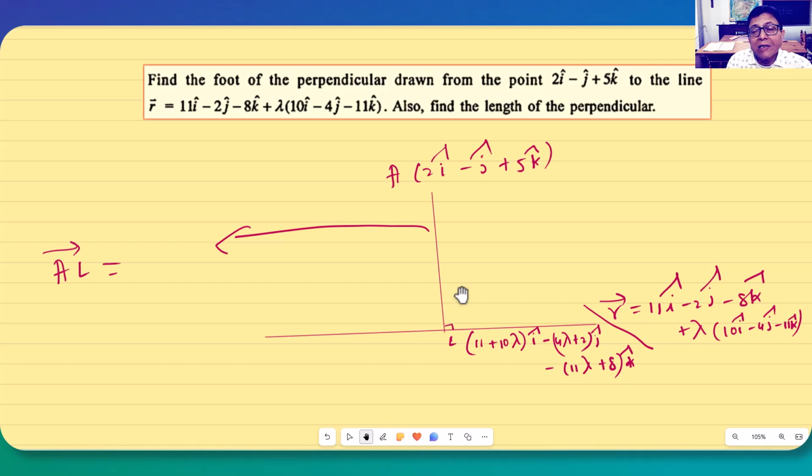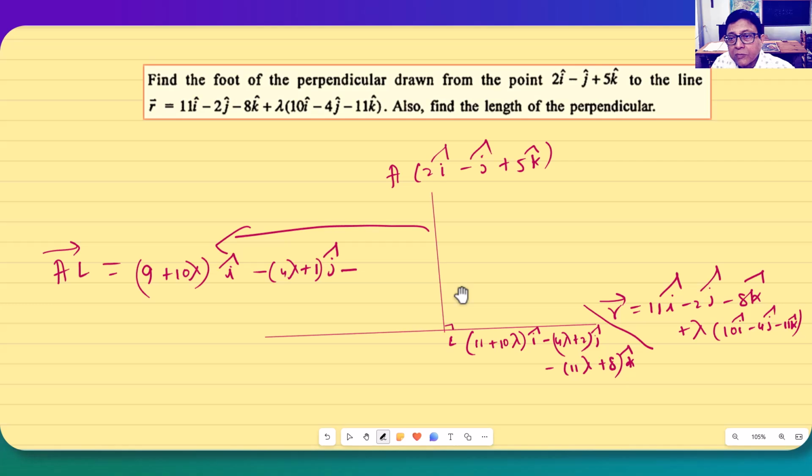Position vector of L minus position vector of A, that is 9 plus 10 lambda i cap, and minus 4 lambda plus 1 j, and minus 11 lambda plus 13 k.